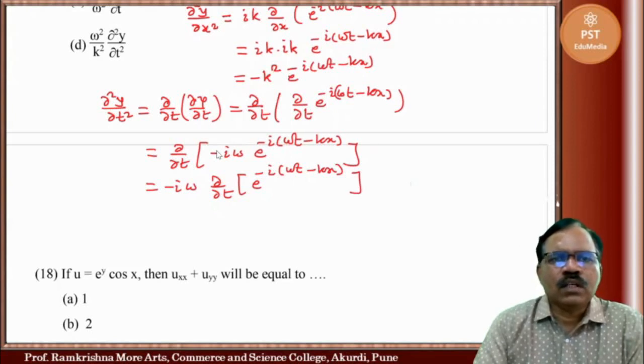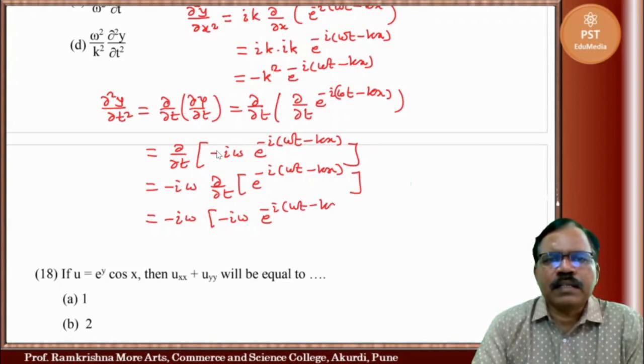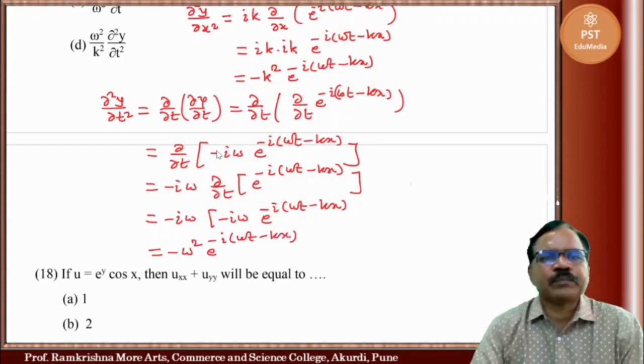So here you will get minus iω in bracket minus iω e raised to minus i(ωt minus kx). So you will get here i square into ω square. So you will get minus ω square e raised to minus i(ωt minus kx).